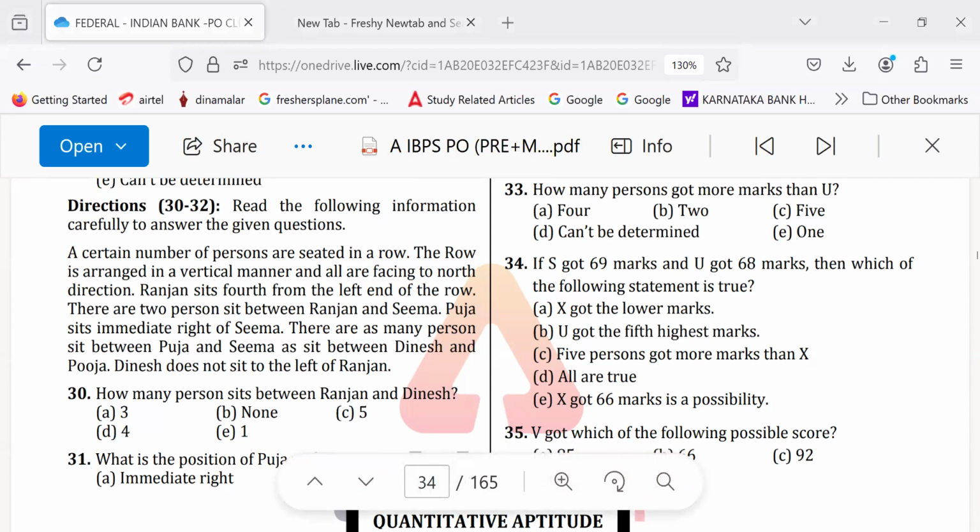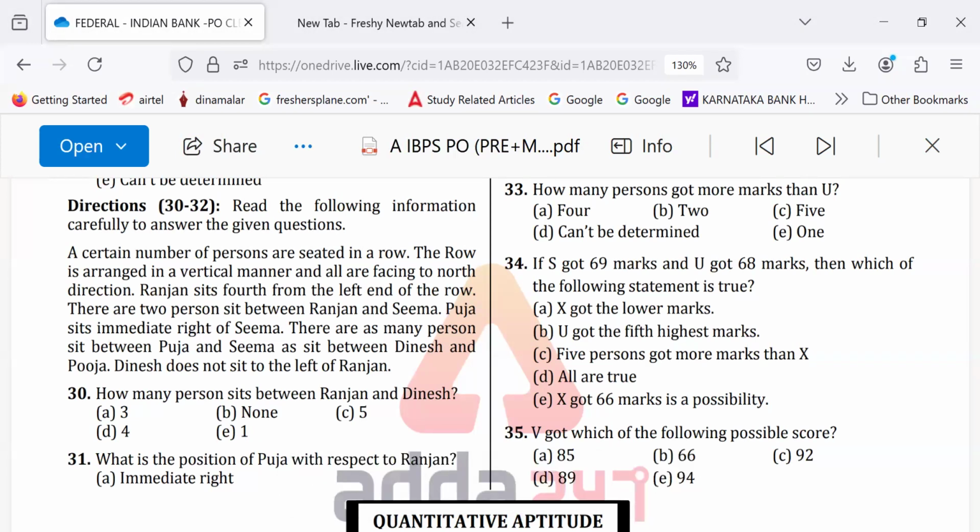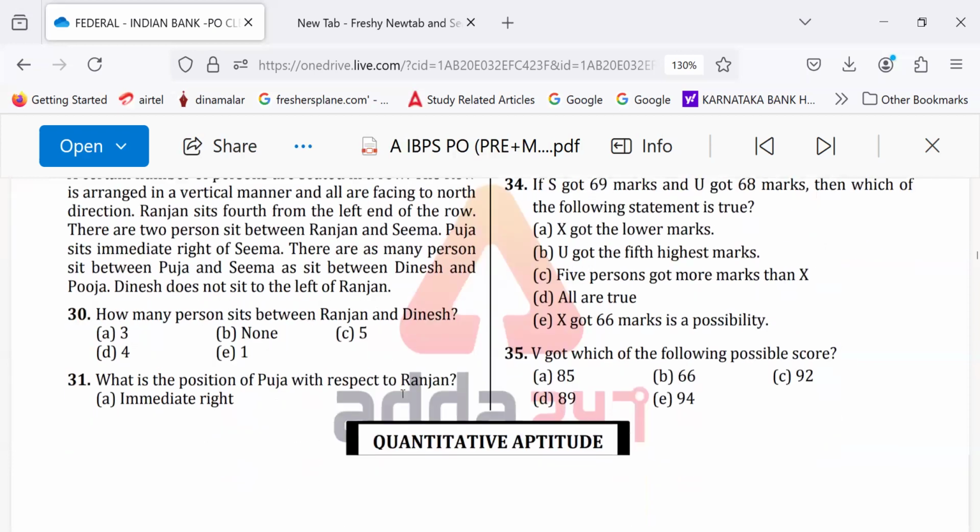Because it is given in the problem, between Pooja and Seema nobody is there. So that means Dinesh has to sit adjacent to Pooja. So the answer for Ranjan and Dinesh is 1, 2, 3, 4 people. Correct. I agree with you.